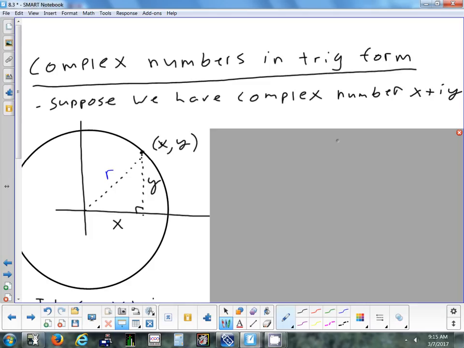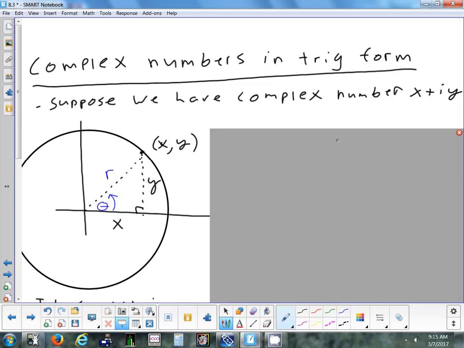So r is one thing you need to find. And the next thing you need is that angle. It's the angle from the horizontal axis to that radius. We call that angle theta. Okay. The opposite over hypotenuse or the adjacent over hypotenuse, right?